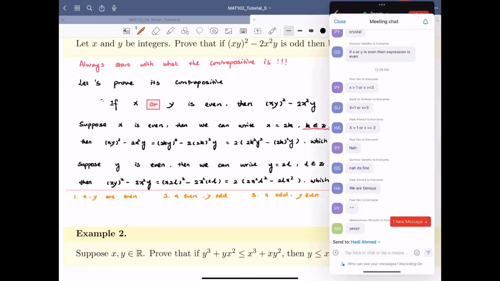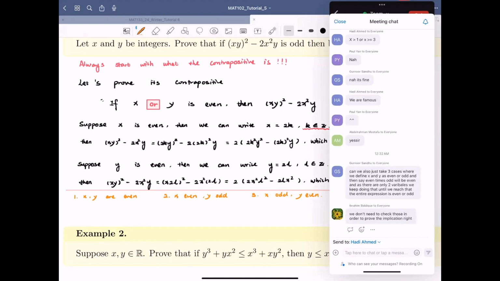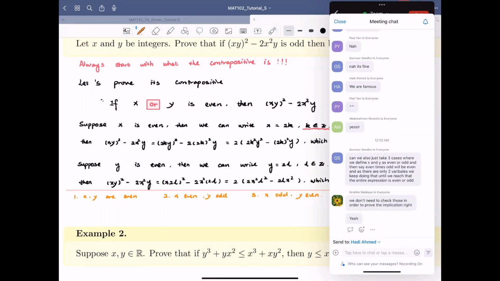This good? Can we also just say, oh, that's what I just did? We don't need to pick those in order to prove the implication. What do you mean, check those 3 cases? If you set both like this, both x and y, then you need to check 3 cases.